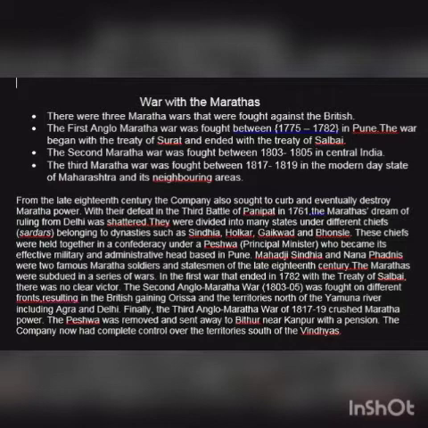So, from the late 18th century, the company sought to curb or put down and eventually destroyed the Maratha power.